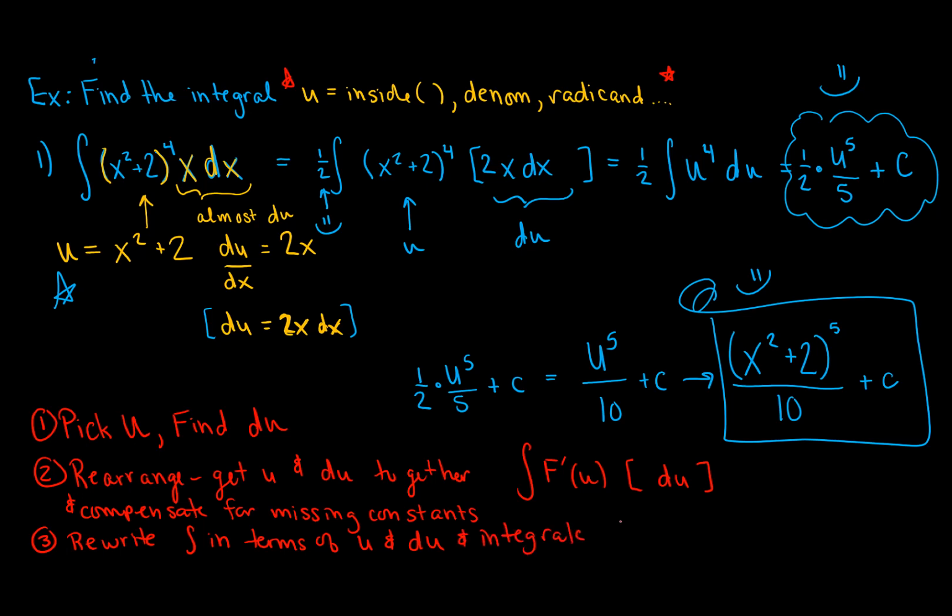And then you're going to integrate. And then your last step is you're going to do your back substitution. Get it back into x's or t's or whatever the original variable was. All right. We're going to do a ton of examples, so follow along with me.